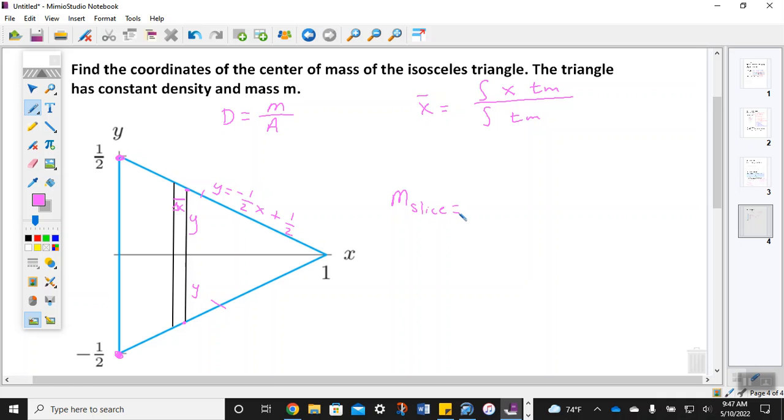Is it okay if I just call my density a constant d? Is that okay, kids? You guys all right with that? Okay. Times the area. The area of this right here, what's the height? 2y. Times delta x, right? Okay.